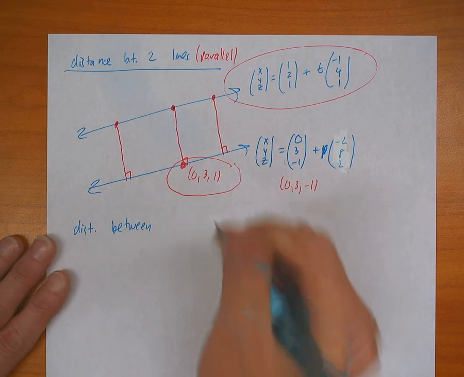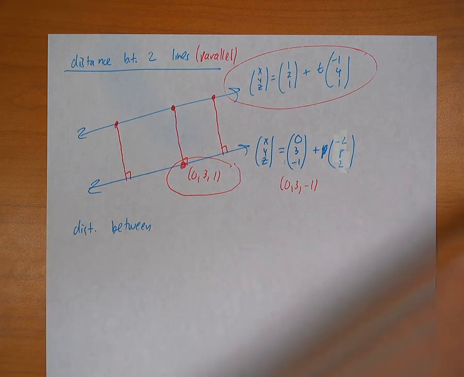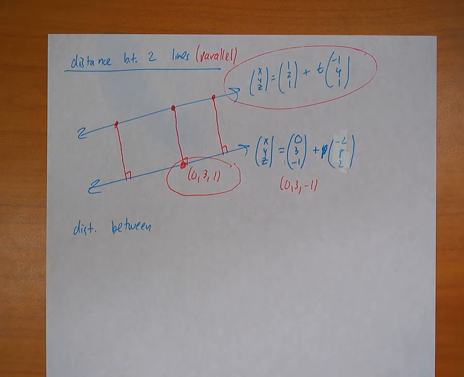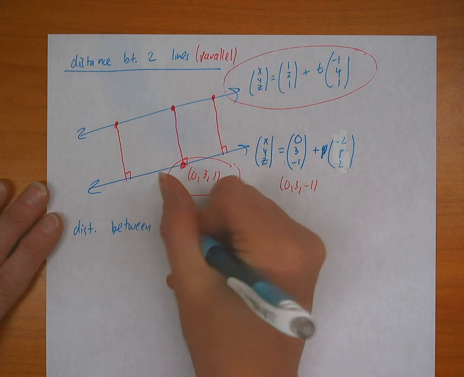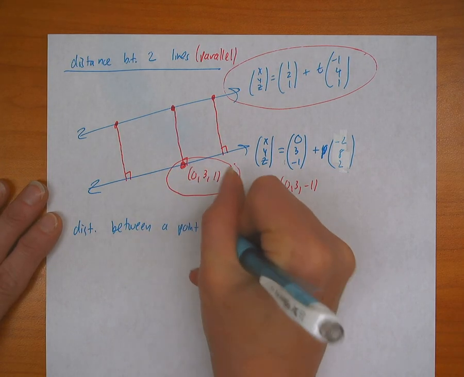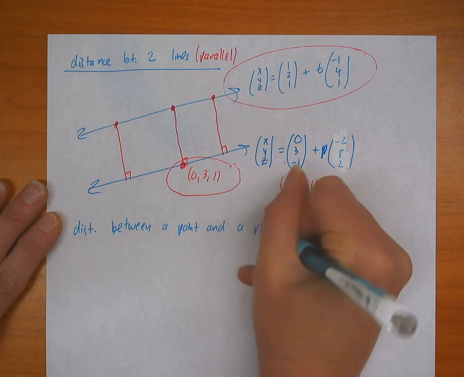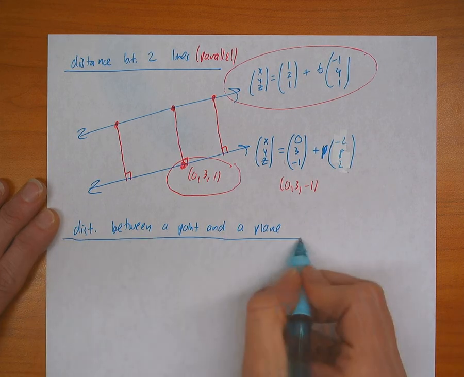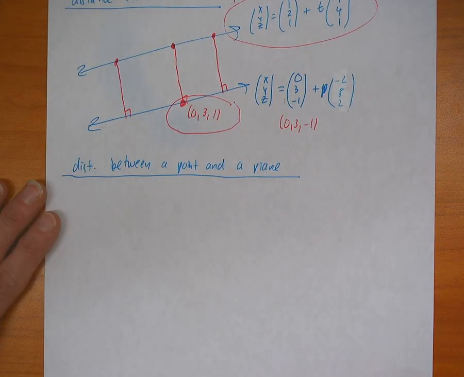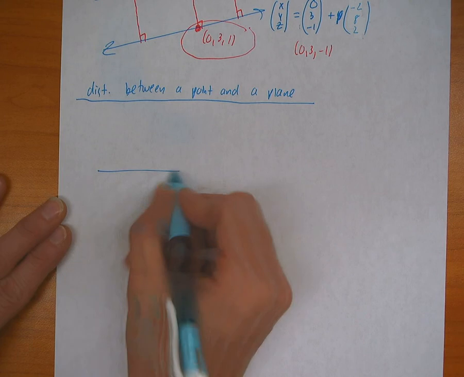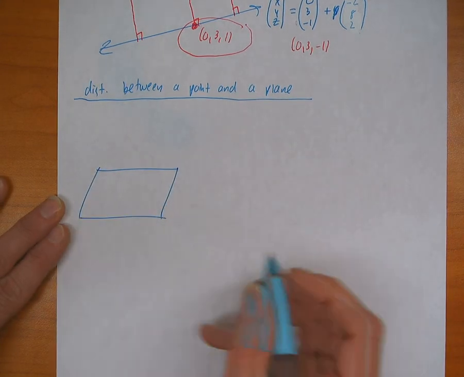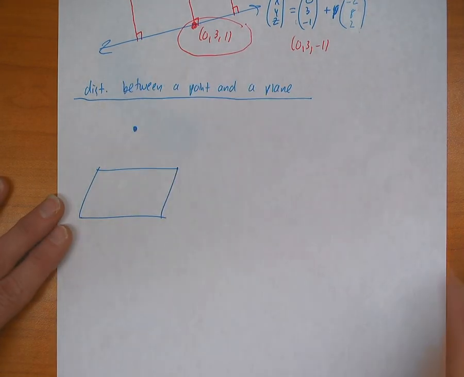Let's look at the distance between, what's up next? Let's do a point and a plane. A distance between a point and a plane. Here's our plane. Here's our point.